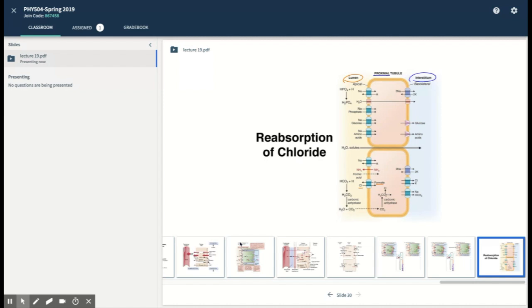It doesn't, but not because of the fact that it doesn't have an electrical gradient. As all of these negative ions are starting to be reabsorbed, along with your positive ions, the voltage in the lumen from the beginning of the proximal tubule to the end and going into the loop of Henle now becomes positive. When it's a positive voltage, negative anions, so anions like chloride, would normally be attracted to that new positive luminal voltage, right?